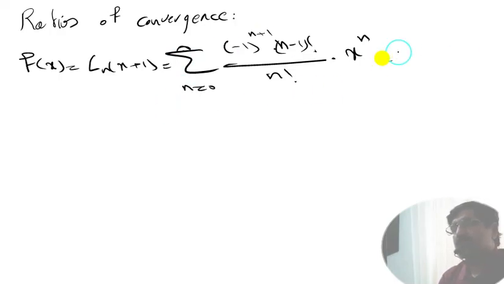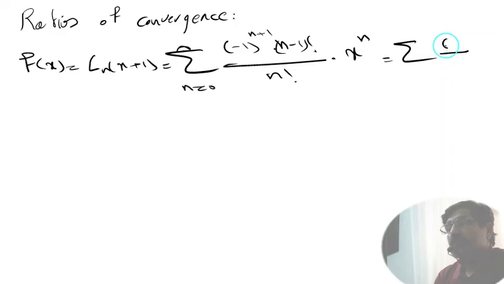We can simplify this: (minus 1) to the power of n plus 1 over n, times x to the n.